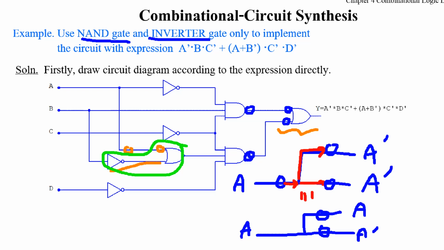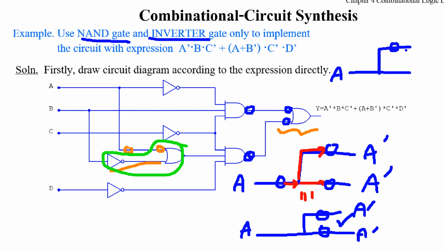You can separate from 1 to 2 and become this, then you get the same result, A prime and A prime here. Understand? Actually it's the same, but I just show you something like this.